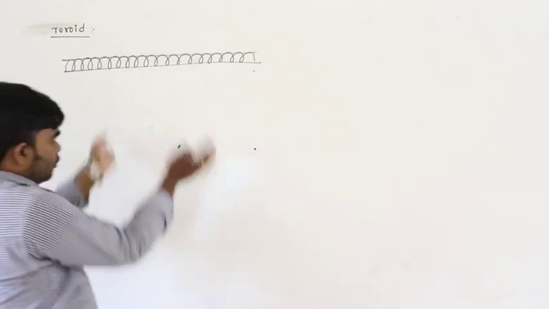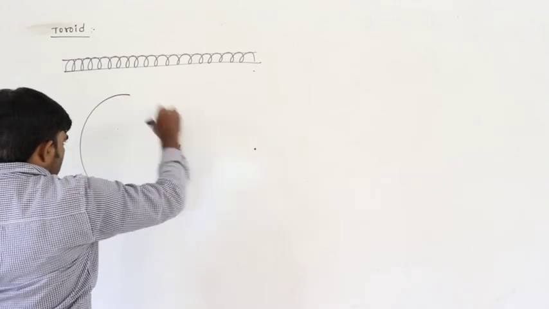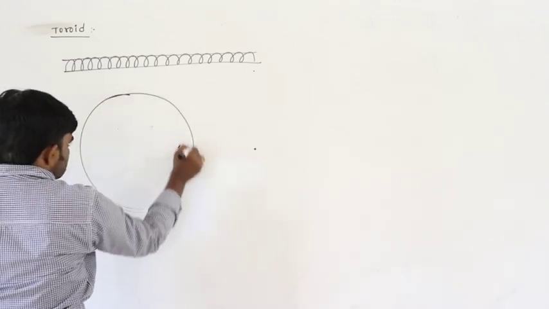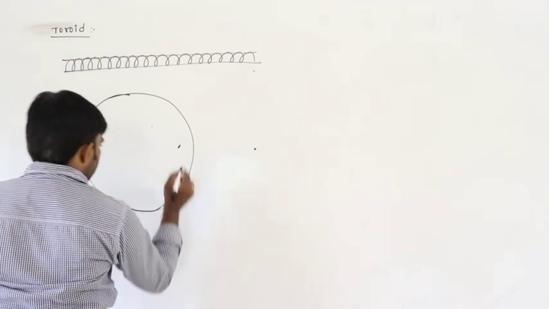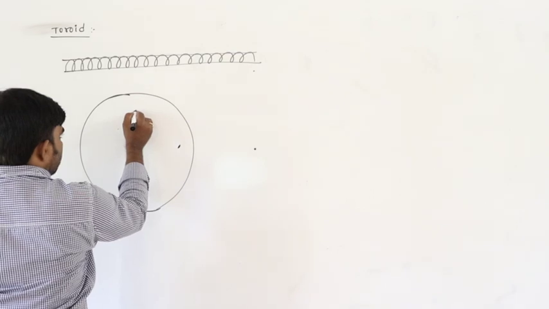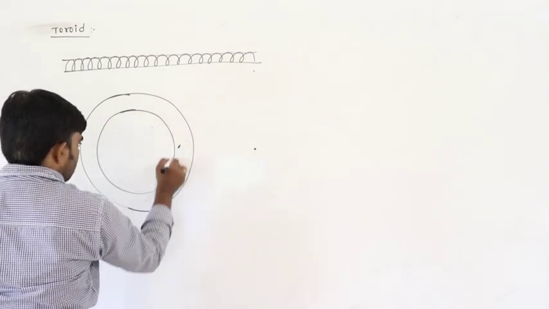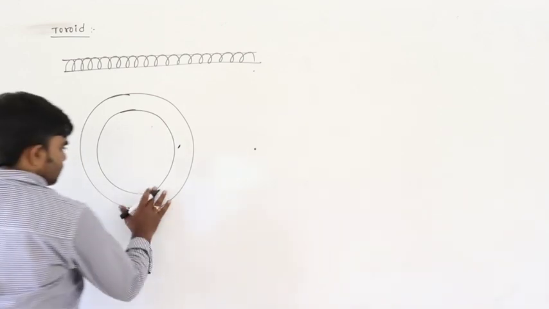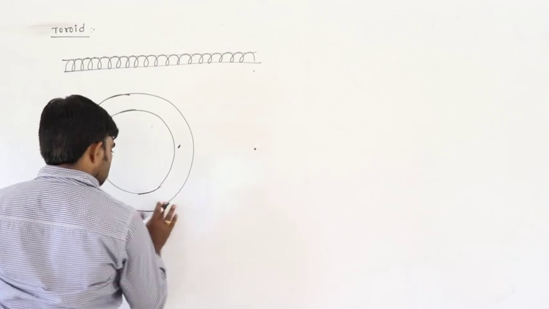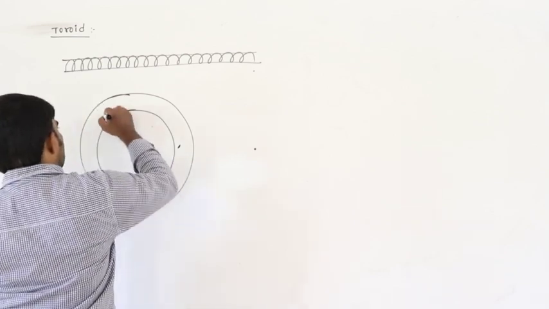If the same solenoid is bent in the form of a circle, this acts as a toroid. Like this.